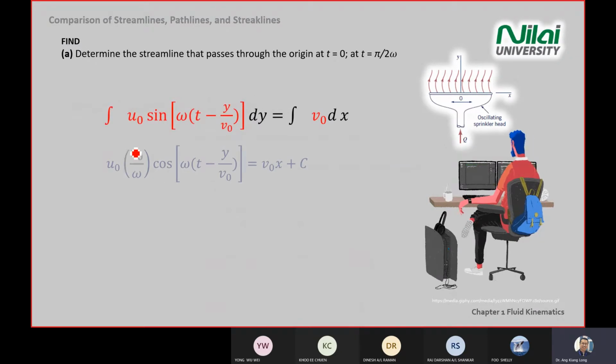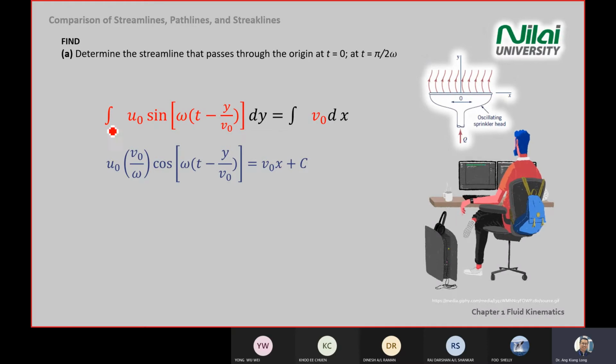So when you integrate, you arrive at this answer. So u naught v naught omega cos, and sine will become cos, and then the integration bracket value. And on the right hand side, if you integrate a constant value, you will get additional x plus a constant value.